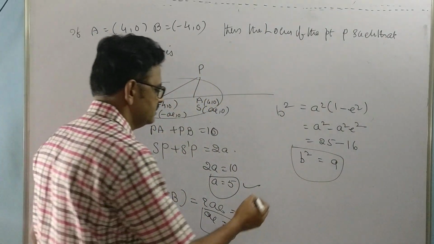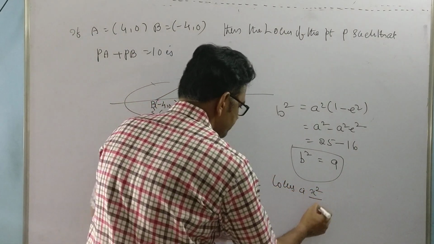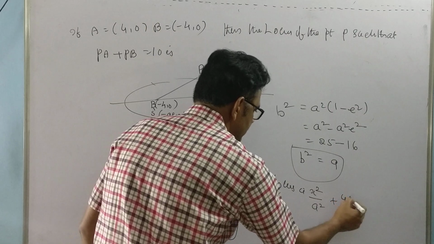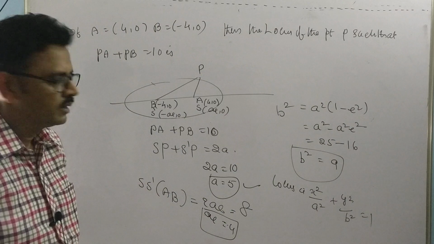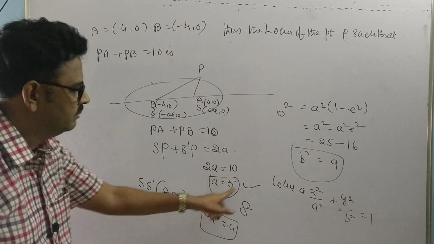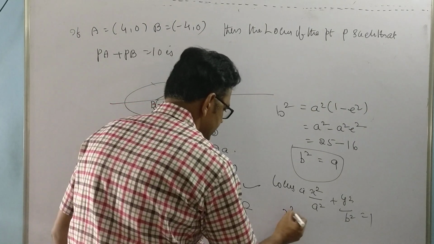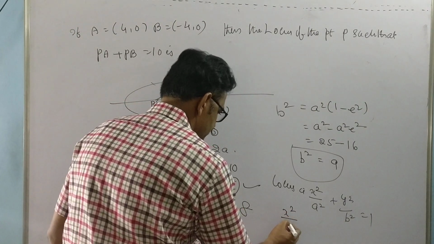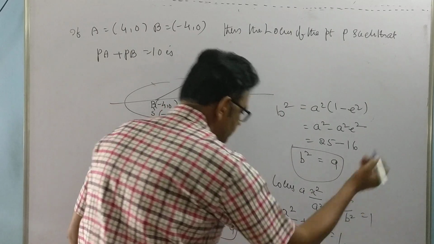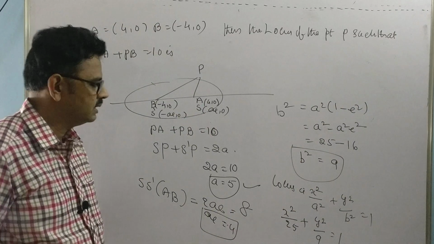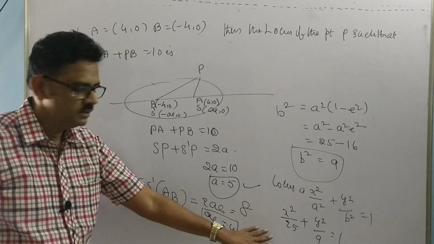Therefore the locus is x square by A square plus y square by B square equal to 1, where A square is 25 and B square is 9. Therefore x square by 25 plus y square by 9 is equal to 1. This is the locus, that is, the locus is an ellipse. Okay, thank you.